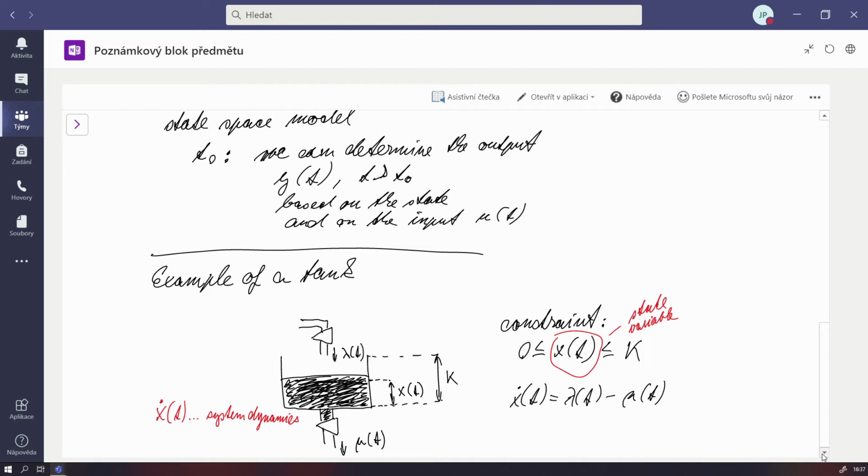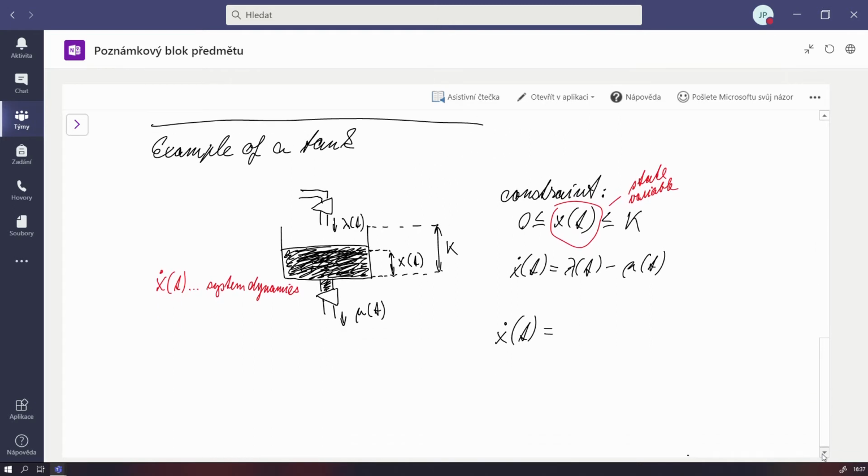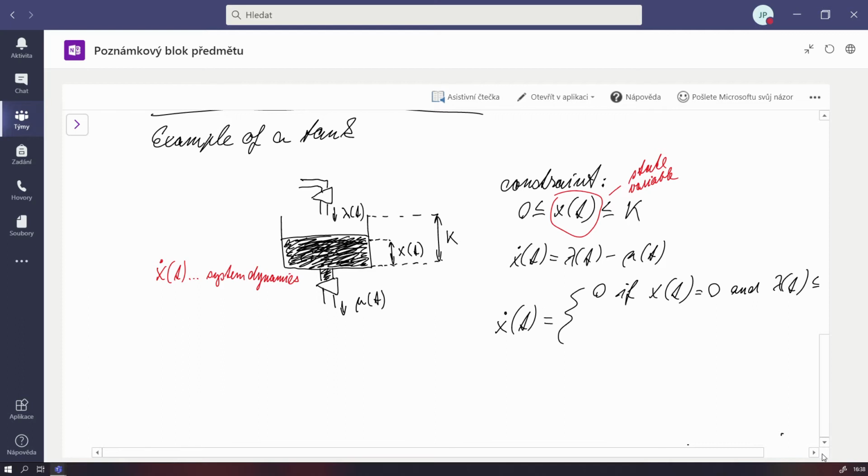And there are several possibilities which may happen, so that we can represent it as 0 if xt is 0 and the inflow is lower than the outflow, or if xt is K and the outflow is greater or equal to the inflow.